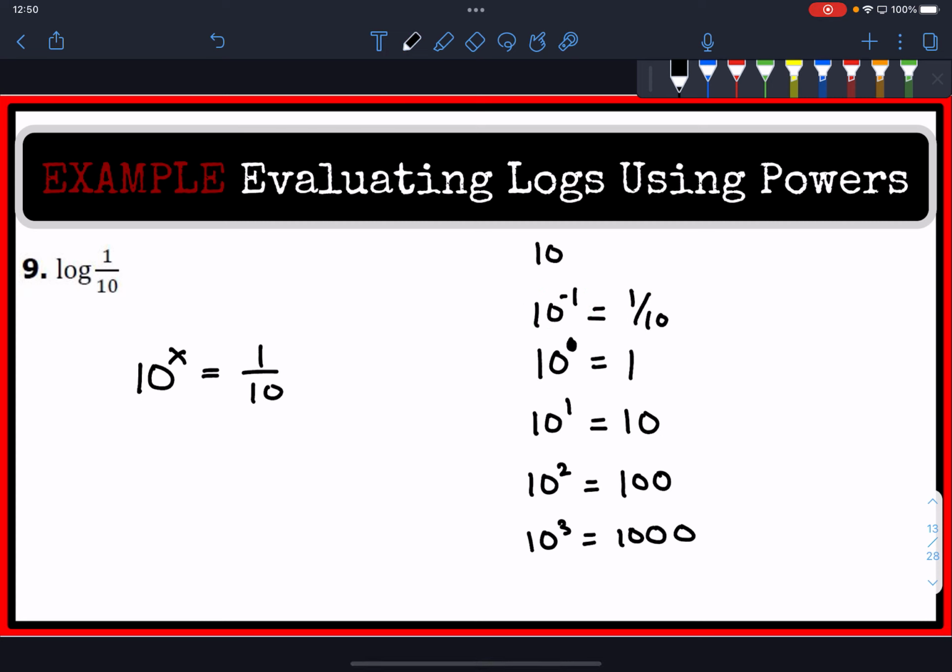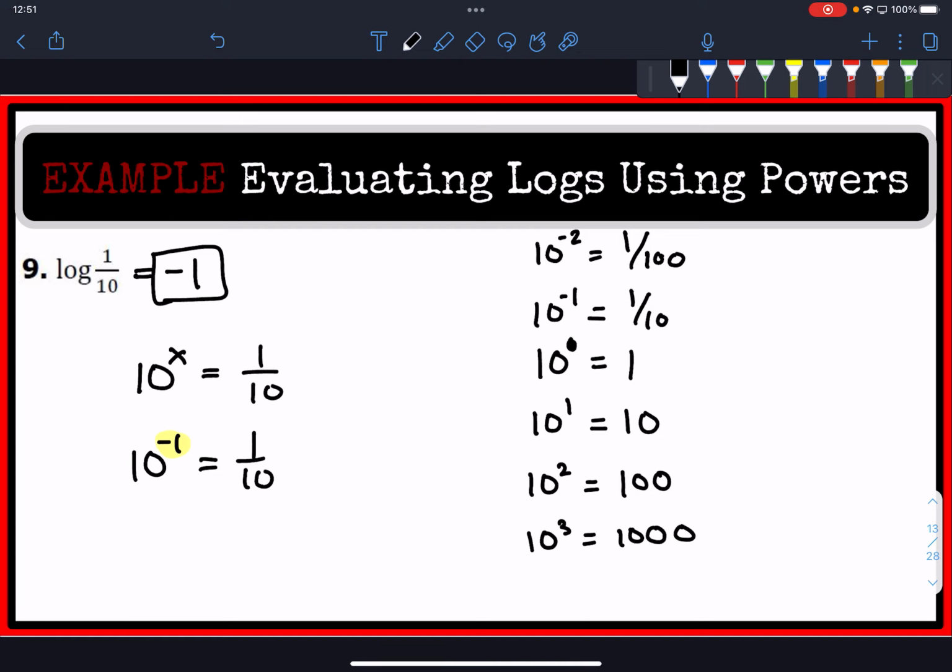Just like 10 to the negative 2 power would be 1 over 100. Simply the reciprocal of this value right there, and then so on. The pattern repeats. So here, our exponent would have to be negative 1. 10 to the negative 1 power is equal to 1 over 10. So that means that the value of this log is negative 1. This is the answer that I'm looking for.